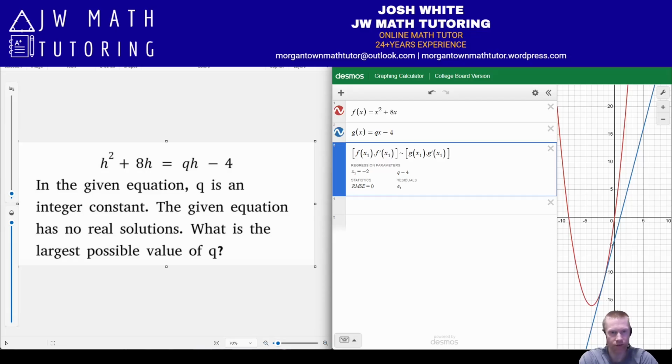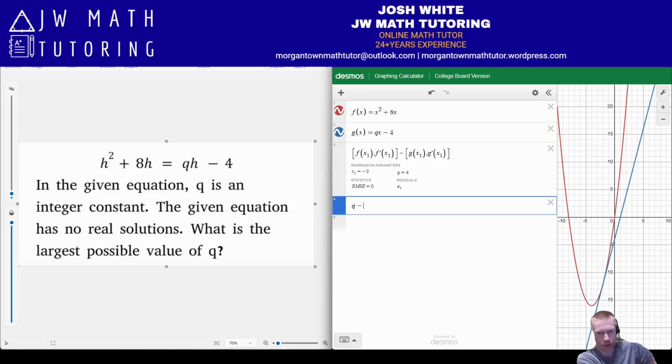Another value popped up, right? All of a sudden now it's q equals 4. It's not the q equals 12 that I had earlier. So here, q equals 4. Okay, q equals 12. So it looks like it's actually intersecting at both of these values.